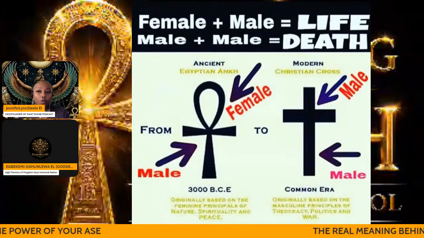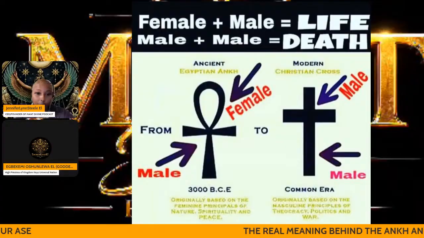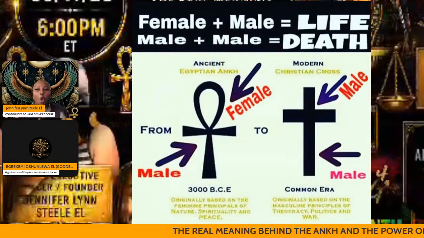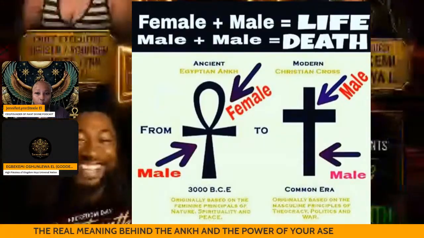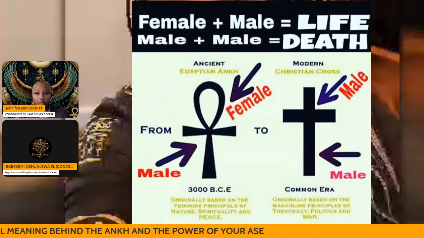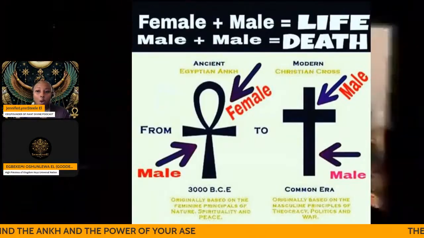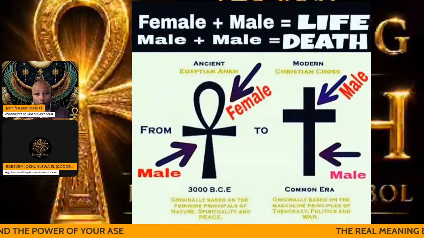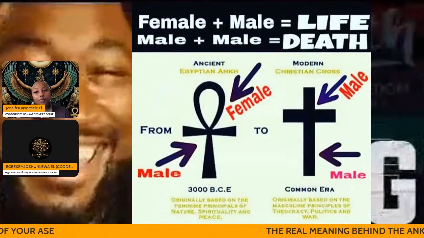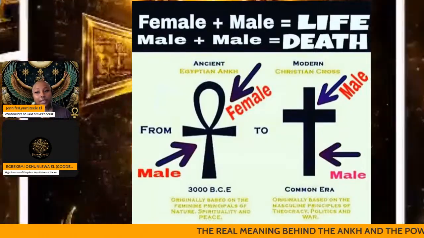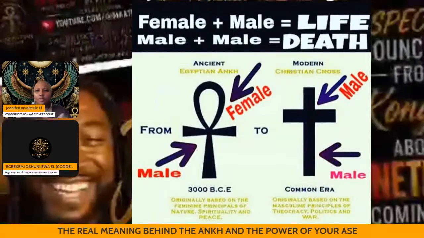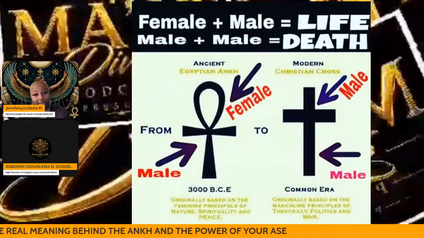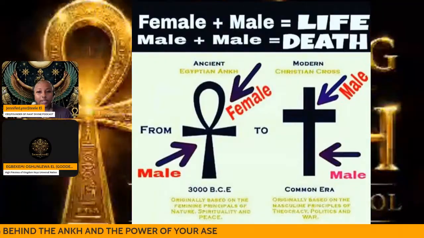Now, the oval loop, take a really good look at the picture, you all. The oval loop at the top symbolizes the womb, the feminine portal, the sacred vessel through which all human life enters the world. The vertical shaft represents the masculine creative energy. Together, they form a divine balance of feminine and masculine principles that produce creation.